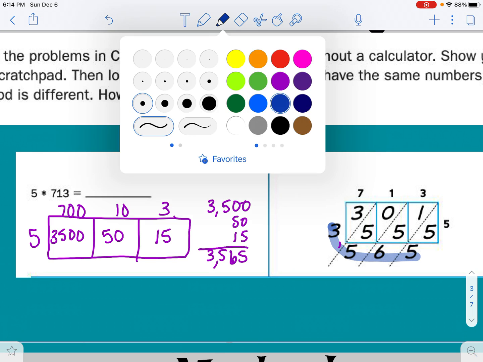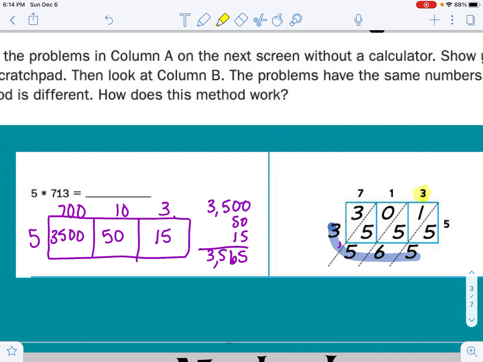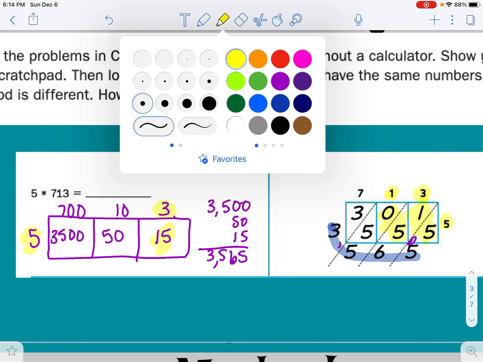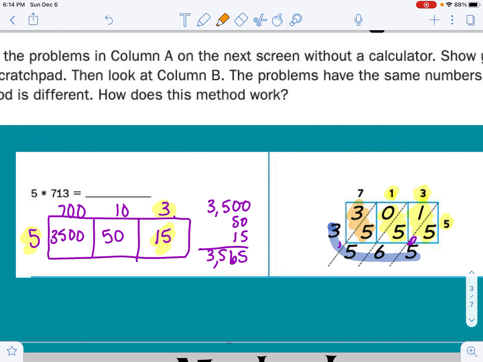And then just like on the last problem, the 3 times 5 gives me 15, and it's 15 here. For my 10 times 5, I had 50. For 1 times 5, we put 5 here, but remember, if we had put this 0 in this spot, it would be 50, and that doesn't change the answer. The same thing works when I'm thinking about the 35.